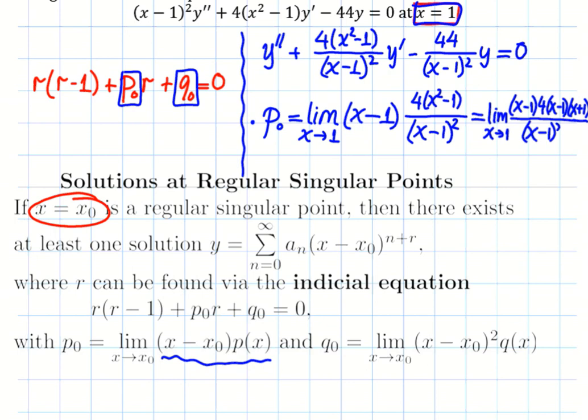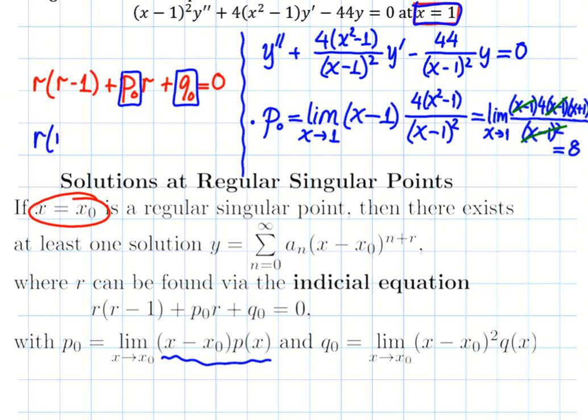So when we simplify everything, we have just 4 times x plus 1. When x goes to 1, that will be 4 times 1 plus 1, which is 4 times 2, equal to 8. So we have p naught here is 8.